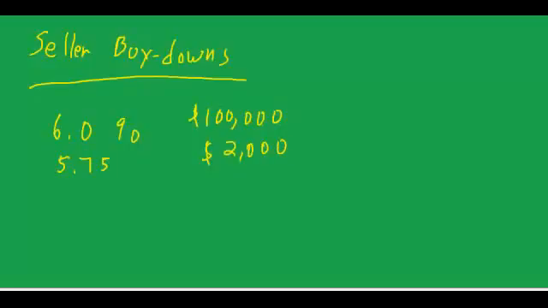Conceivably it could even be a real estate agent trying to make the sale. So you pay the lender $2,000 up front to, instead of charging an interest rate of 6%, charge an interest rate of 5.75%.